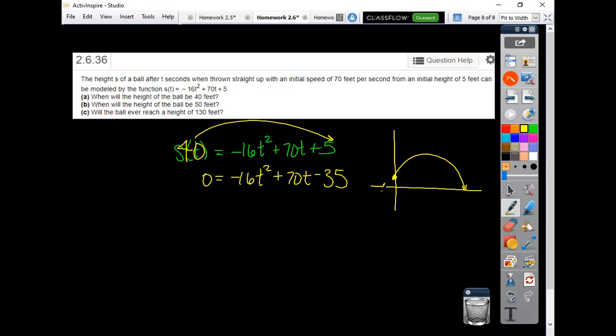Because then you can still do your quadratic formula if you'd like. You could work this out with x equals negative b plus or minus the square root of b squared minus 4ac, all over 2a, and solve that to get your solution.